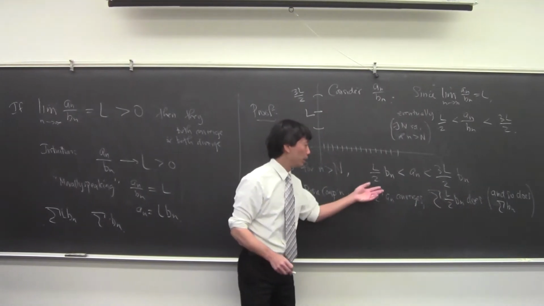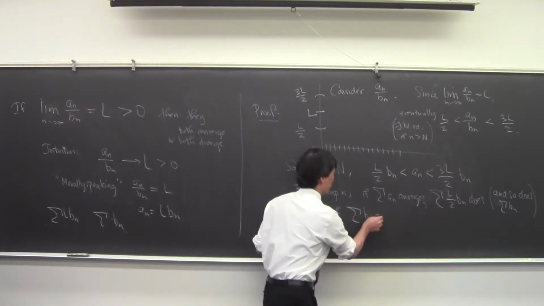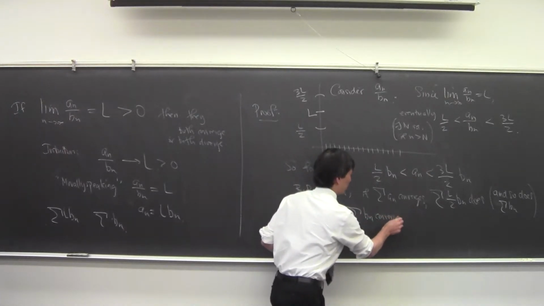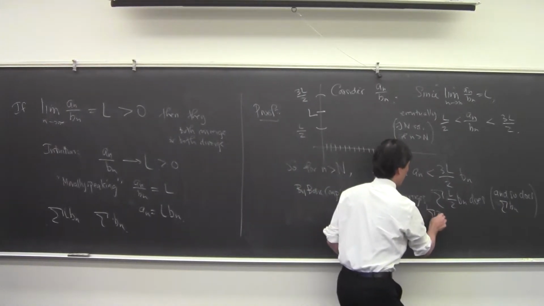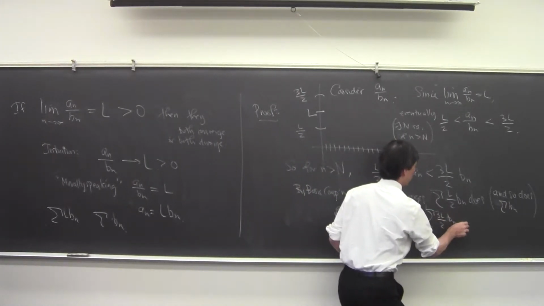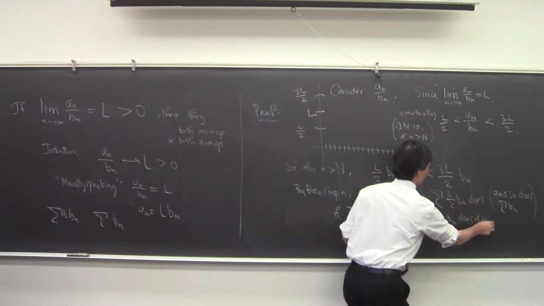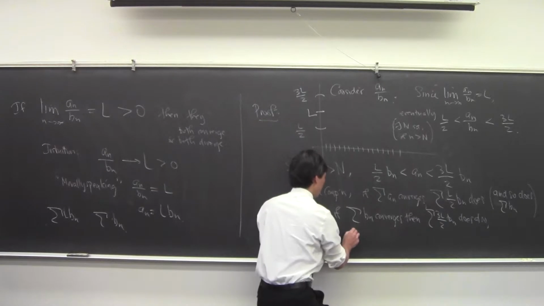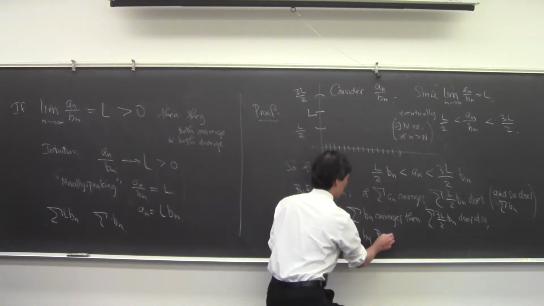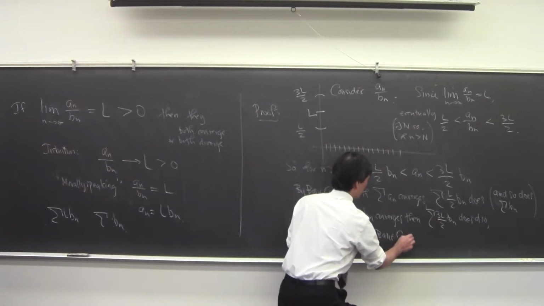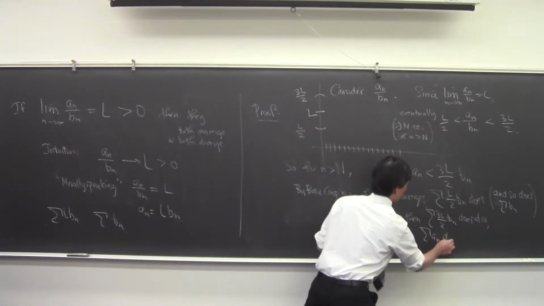And similarly, if summation B sub n converges, then summation 3L over 2 B sub n does also, and by basic comparison, summation A sub n does.